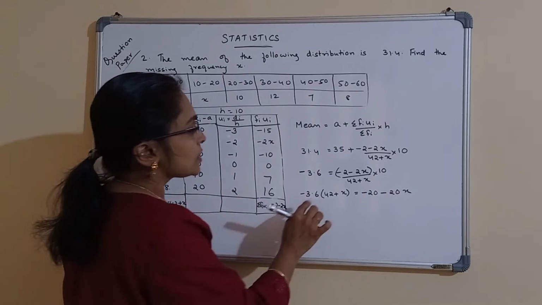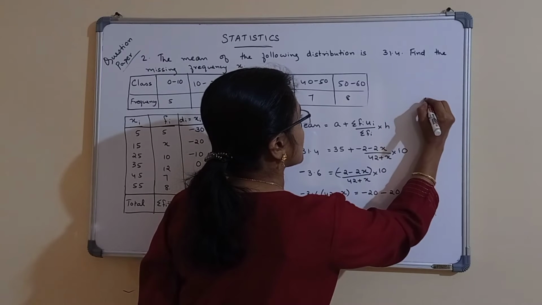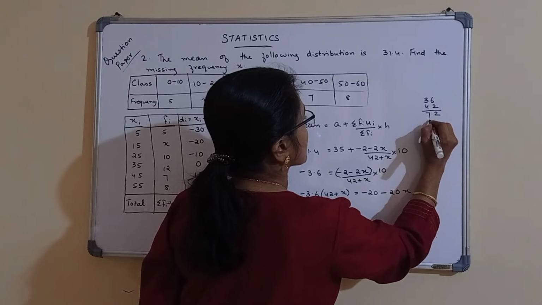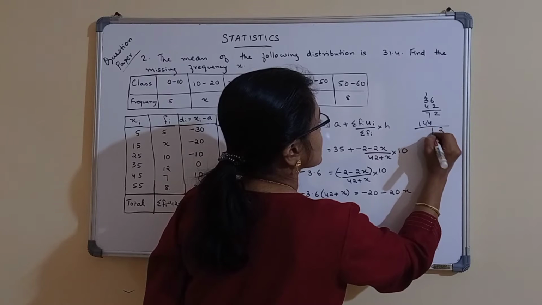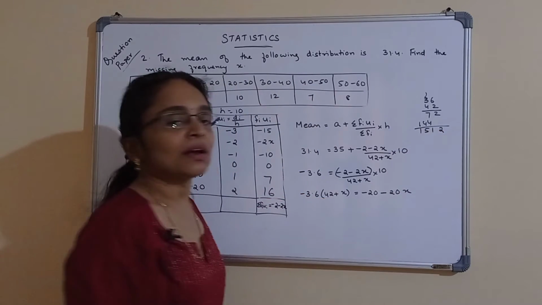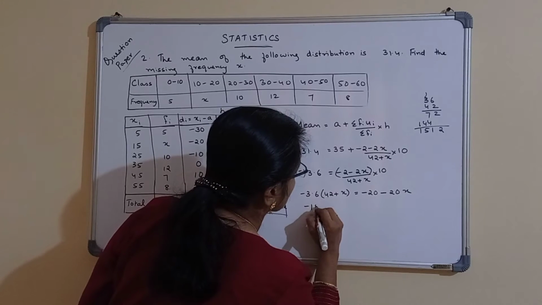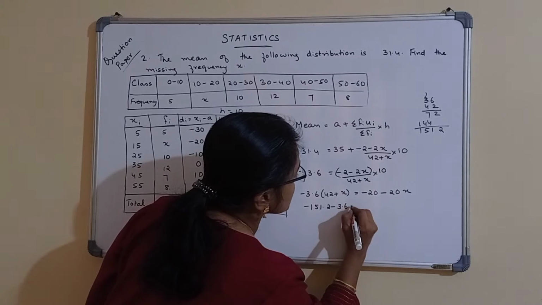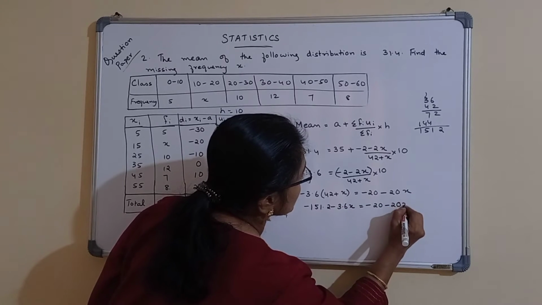Okay, so we can multiply this. 3.6 into 42, 36 into 42, we will get this as 1512, that is minus 151.2, then minus 3.6x is equal to minus 20 minus 20x.